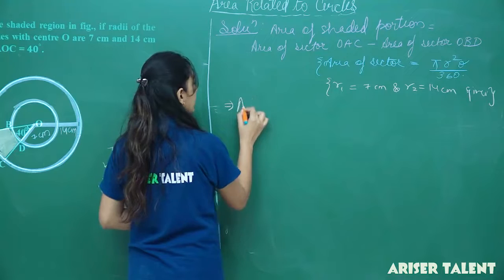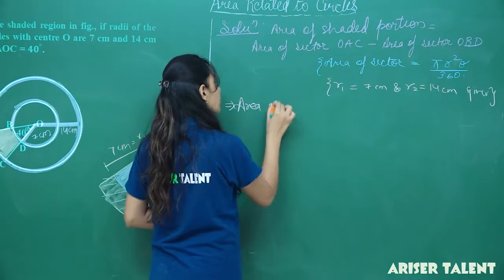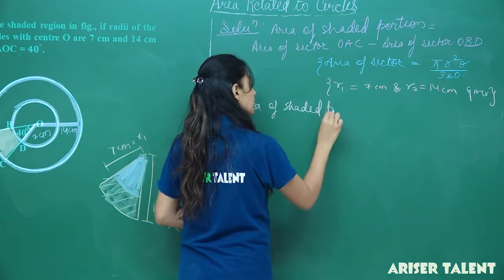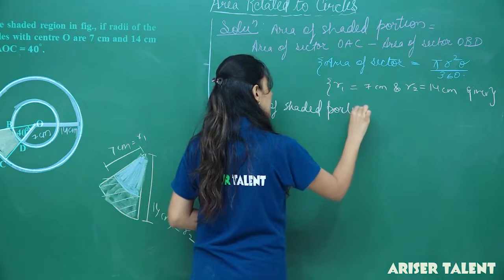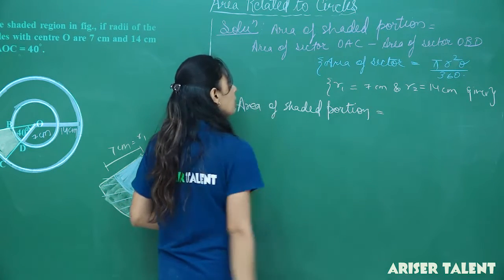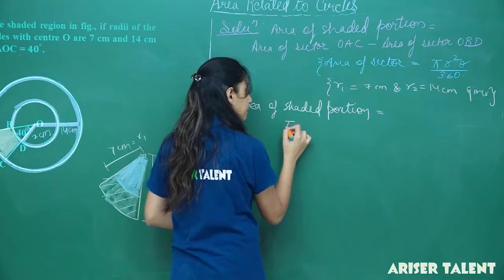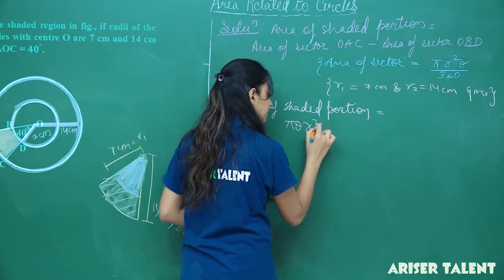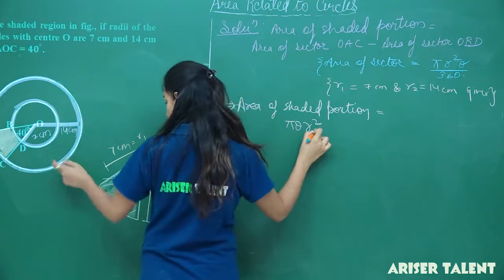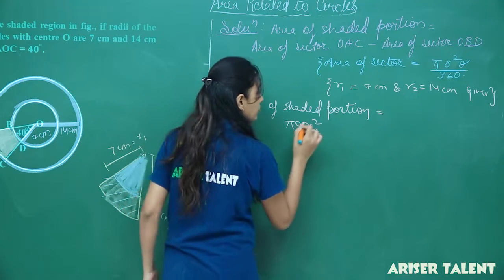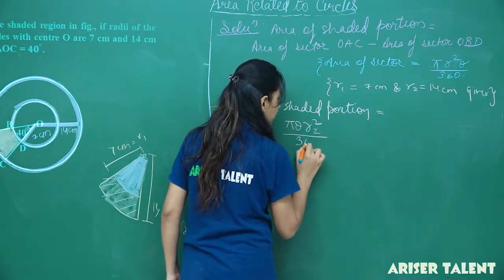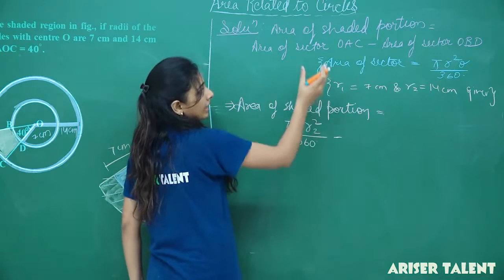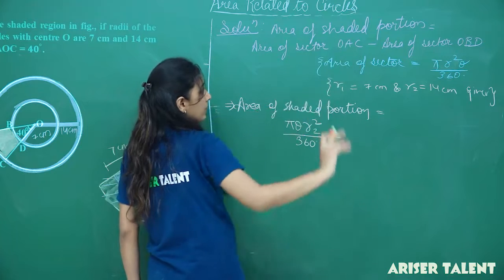This implies the area of shaded portion is what? Area of shaded portion equals pi theta r2 square by 360 minus the sector area OAC.